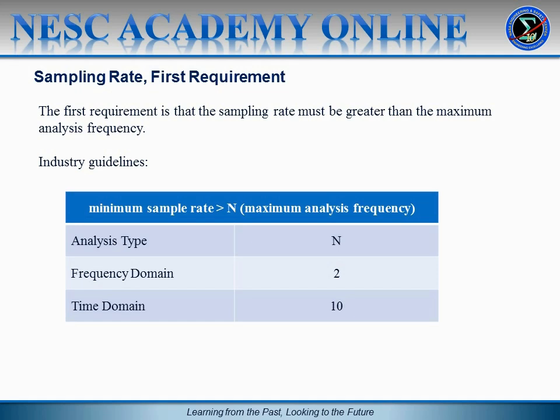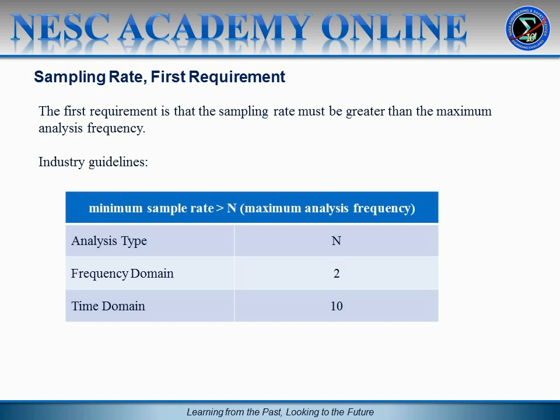This could be a Fourier transform or a power spectral density. Now in this case, our minimum sample rate must be greater than twice the maximum analysis frequency. So for example, if we have a power spectral density that we need to analyze up to 2000 Hertz, then our sample rate should be at least 4,000 samples per second.